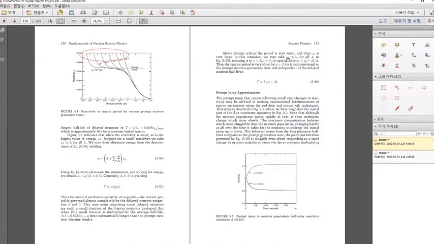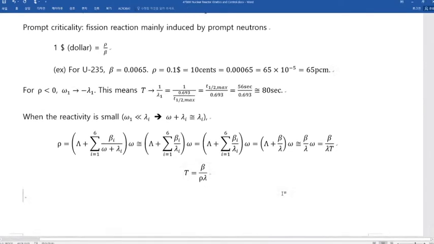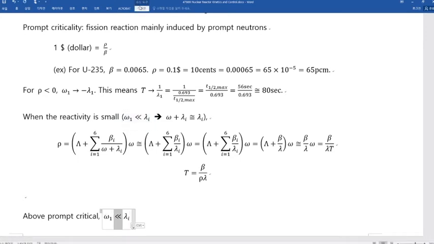So omega will be much bigger than all lambda i's.